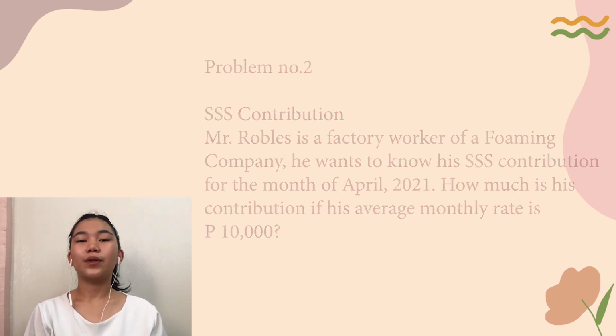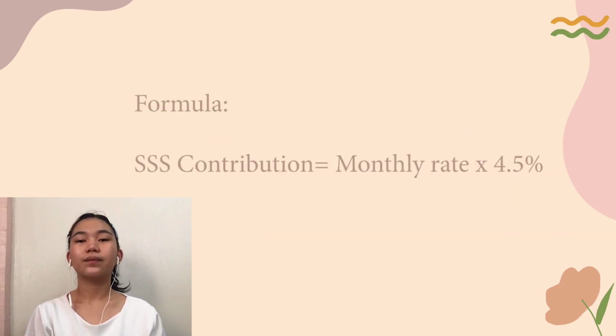Since the problem only requires the contribution of Mr. Robles, we must only get what is needed in the formula. SSS contribution equals monthly rate times 4.5%. If you are asking if 4.5 is constant, no, it's not. It will vary with the monthly rate of a person.